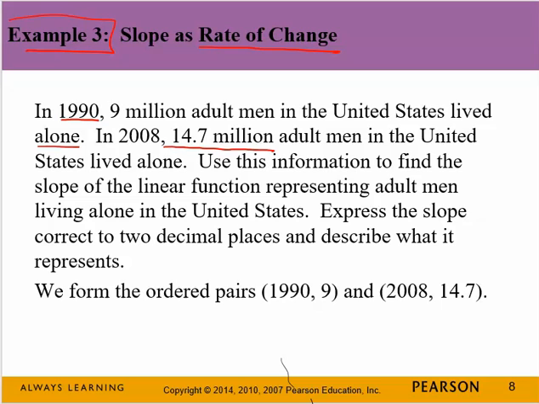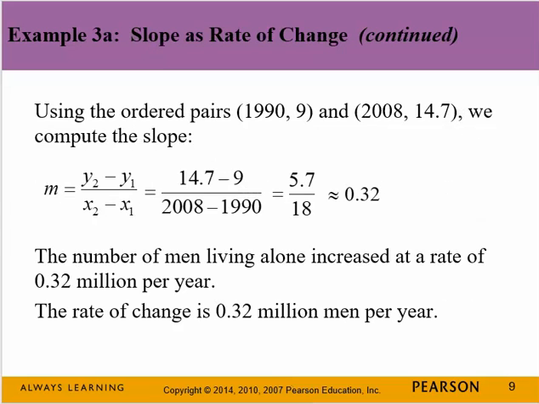So how do we start this? Well, notice what we have here is 2 sets of ordered pairs. We have the year and 9 million, the new year and 14.7 million. So these are 2 sets of ordered pairs that we can then put into the slope formula. Again, take a moment to write this out.